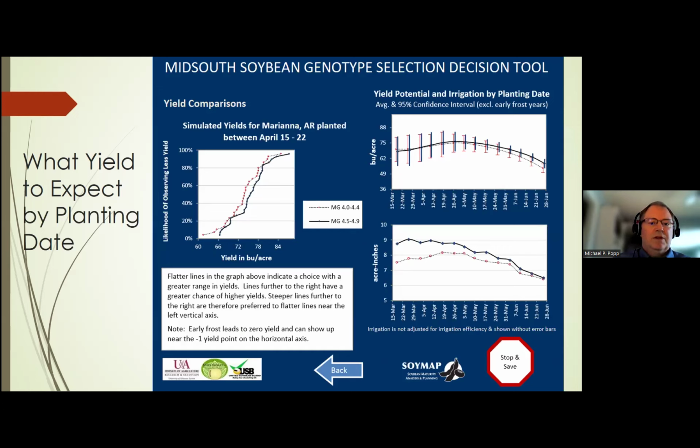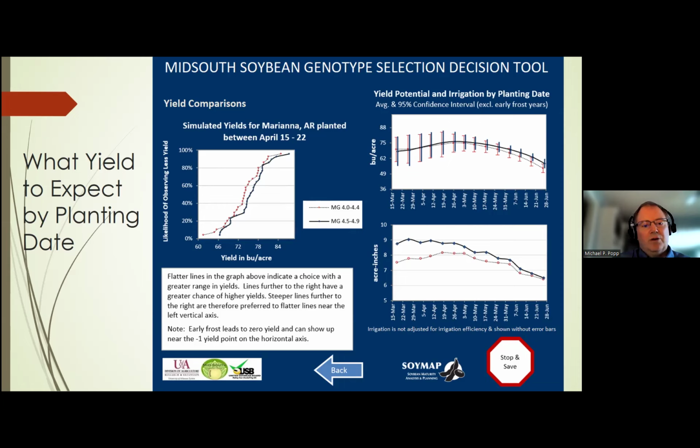For the planting date that I picked in Marianna, Arkansas, MG 4.0 to 4.4s versus 4.5 to 4.9s, we see that the 4.5 to 4.9s tend to have greater yield potential, because the yield is on this side, and the likelihood of attaining that yield is on this axis. So there's a 100% likelihood that you're going to make less than 87 bushels with MG 4.5s, and slightly less than that.